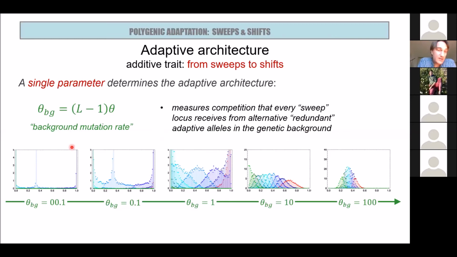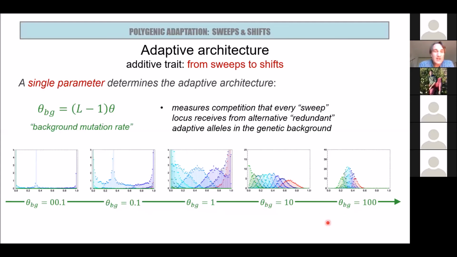Right? And here on this side, the theta background is really small. So this should, of course, be 0.01. So this means if a new adaptive allele occurs at one locus, it very rarely gets competition from these other loci, and therefore it just proceeds to fixation. But then, once this theta background increases to 0.1, 1, 10, and 100, right, we get quite a bit, and then really a lot of competition from these other loci, right?